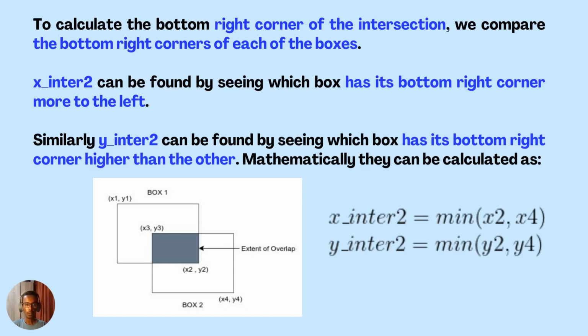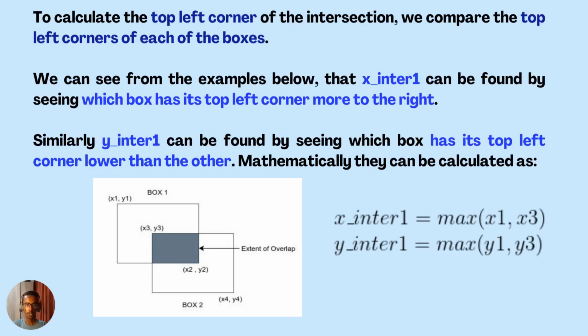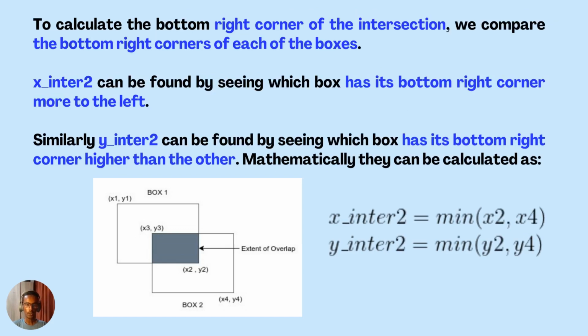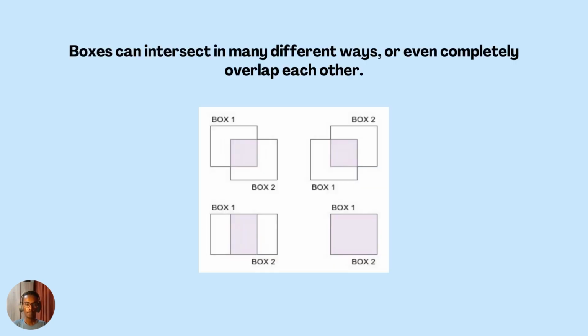And to get the y coordinate for the intersection, we can use y2 and y4, and we take the minimum point. Since y2 is located a little bit further upwards than y4, we can consider y2 as y inter 2. So now we have 4 points, x inter 1, y inter 1, x inter 2, and y inter 2, which are the x and y coordinates of the overlapping region.